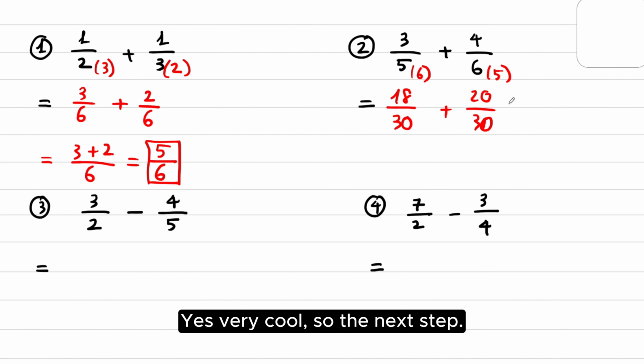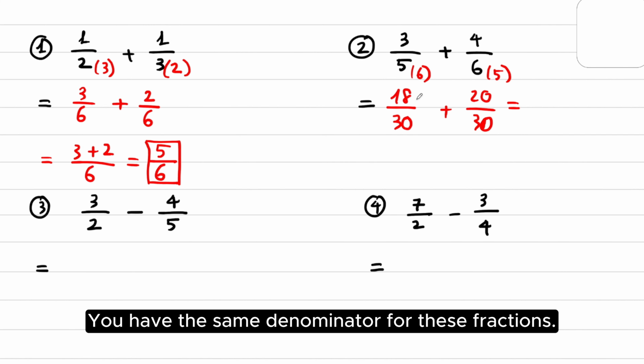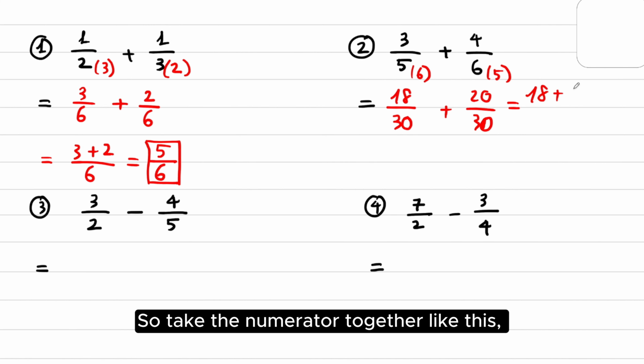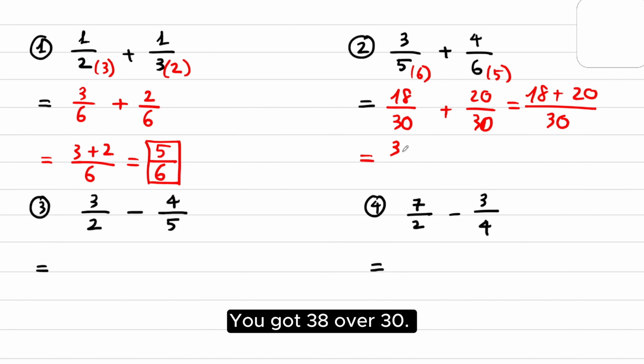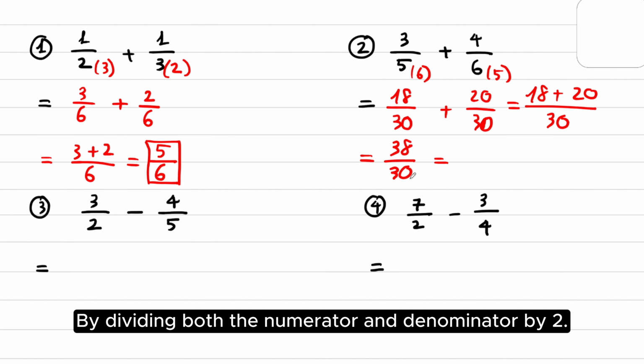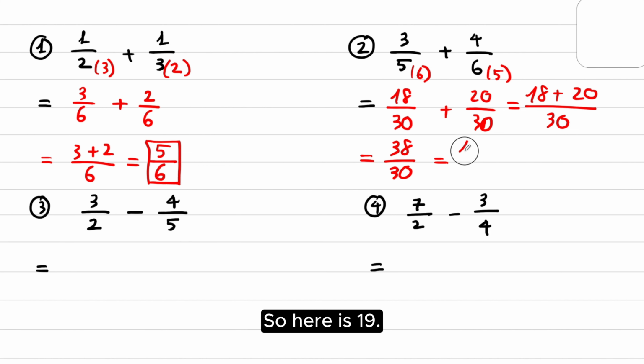Yes, very cool. So the next step, you have the same denominator for these fractions. So just take the numerators together like this, and you got 38/30. You can simplify this by dividing both numerator and denominator by 2. So here is 19 and here is 15.